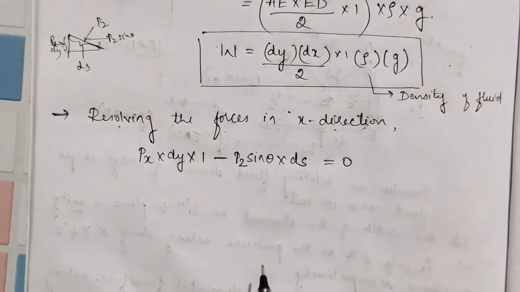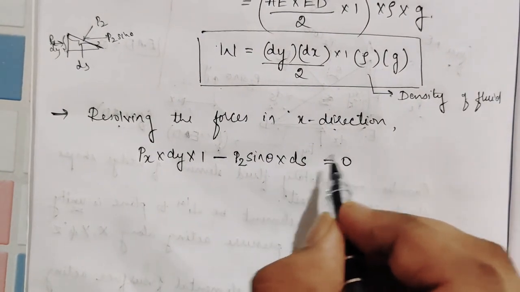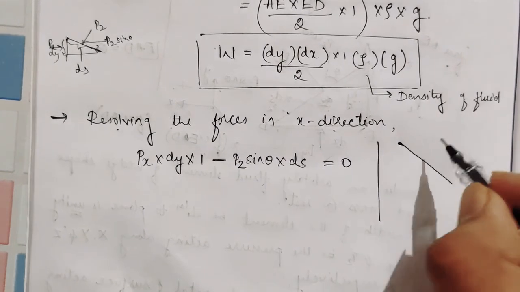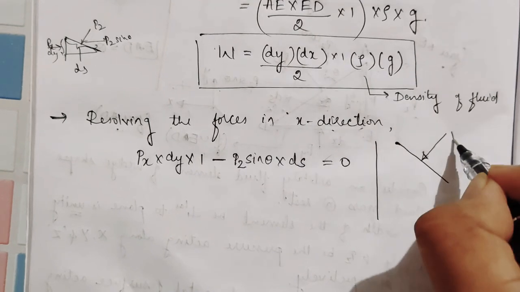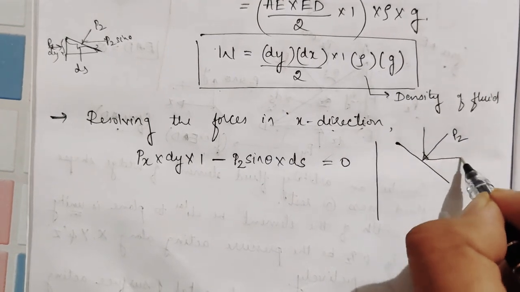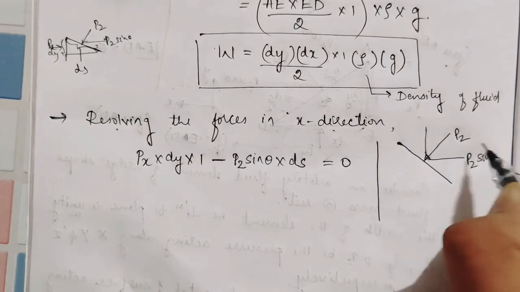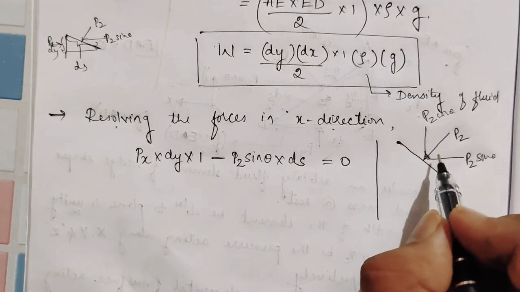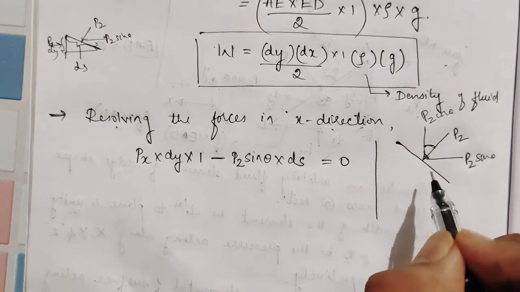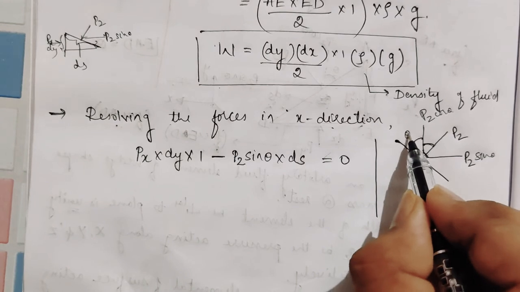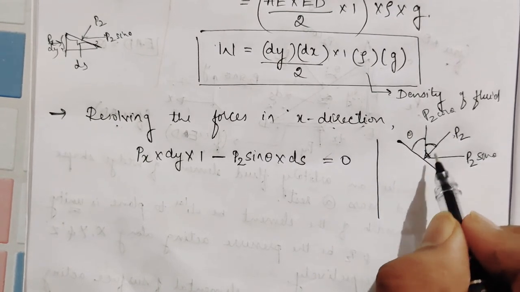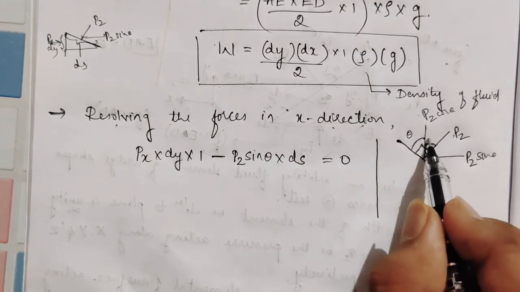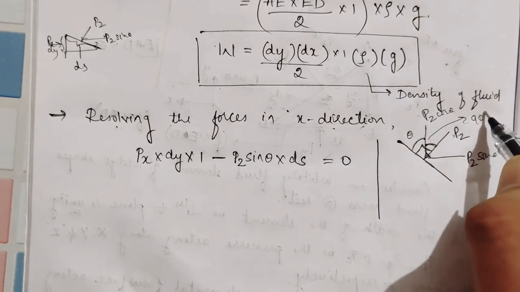But here, see, this inclined face is there, this is pz, this is pz sine theta, this is pz cos theta. Our theta value is here. This pz is acting on this plane at 90, right? So this theta will become 90 degree minus theta.